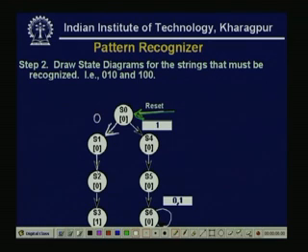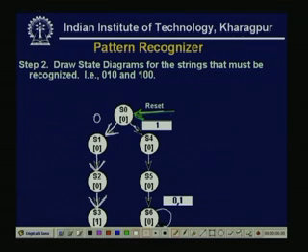Now, again another 0 has come, so it is S2. If it is another 0, then again it will be in the S3 state.